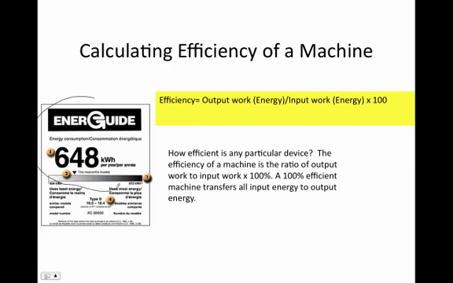I want to talk about EnerGuide labels. In Canada, when you buy new appliances, you can get a sticker on it that tells you a bunch of things about the device.